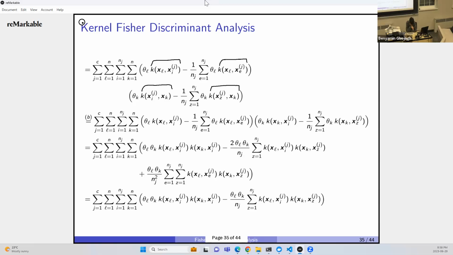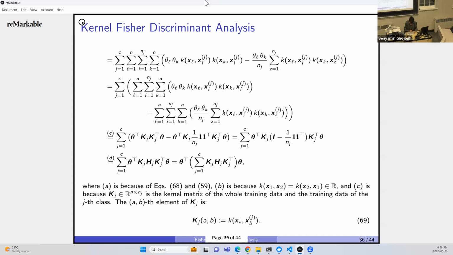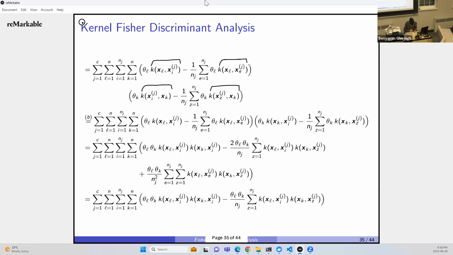Again, what happens? Let me recall. Do you agree that the kernel of phi of x_i transpose phi of x_k, as x_i and x_k are vectors, I can write as phi of x_k transpose phi of x_i, right?